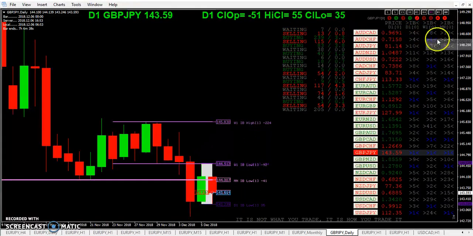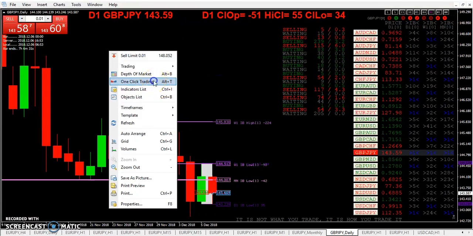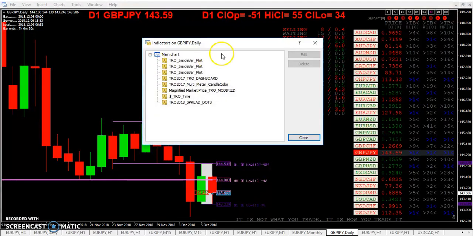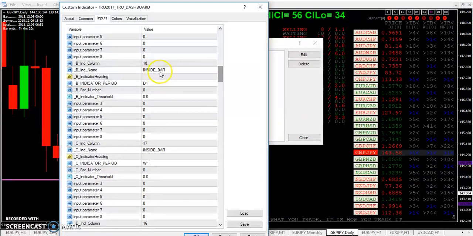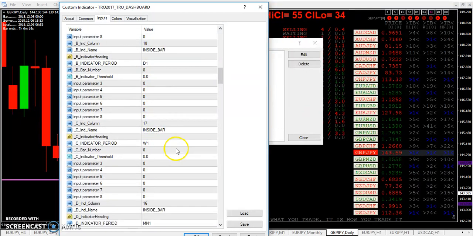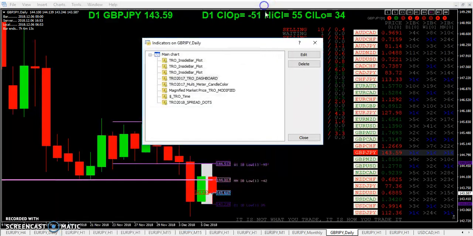And in the dashboard, I also have it set up for inside bars. So, whoops, not one-click trading. We've got to edit the dashboard. So you can see here we've got inside bar daily, inside bar weekly, and inside bar for the monthly.